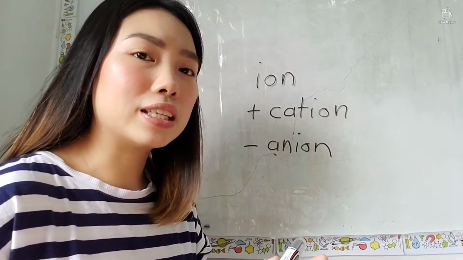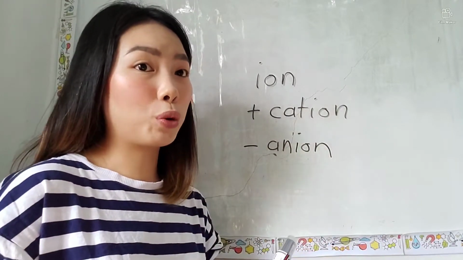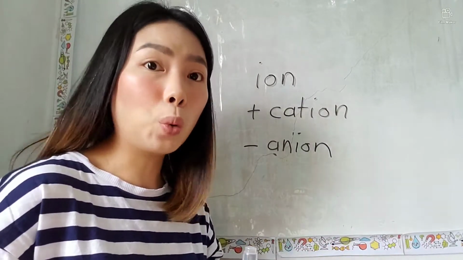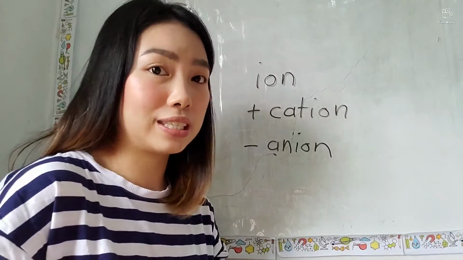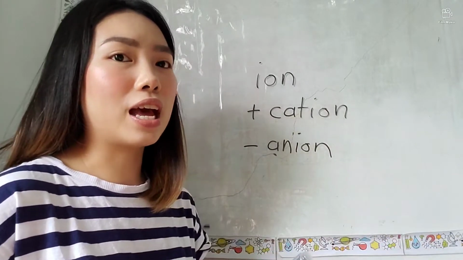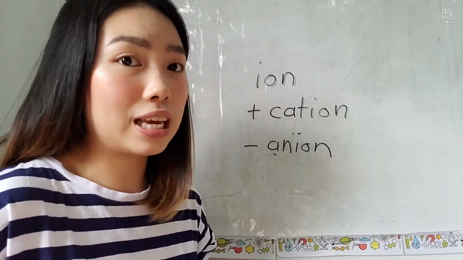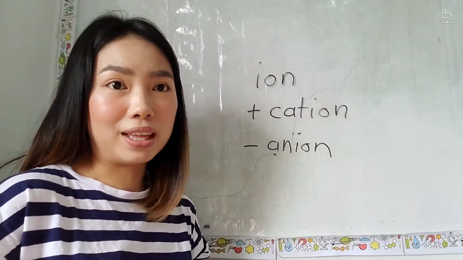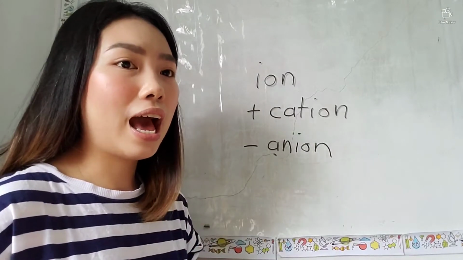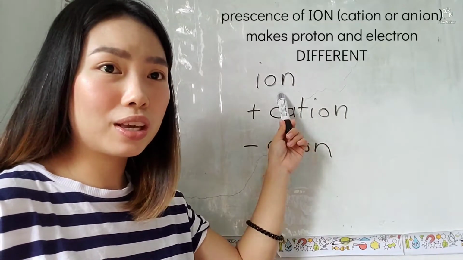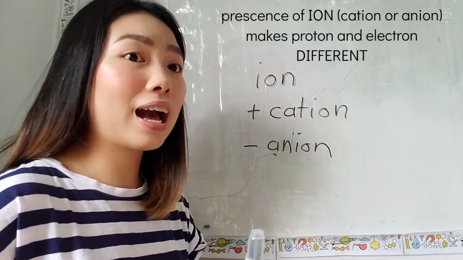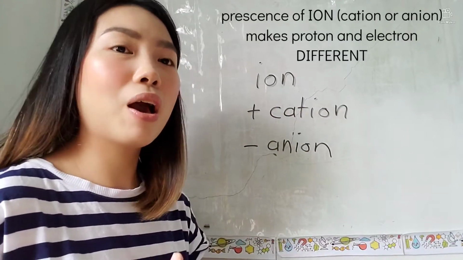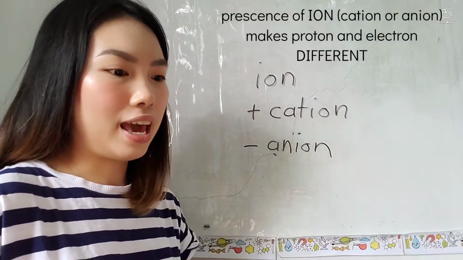So sabi natin kanina, the proton and electron will always be the same if and only if the element is in a neutral state. So ito na ngayon sasabihin natin, paano kung hindi neutral state yung ating element. So if the element has the ion of cation or anion, magkakaiba ngayon yung ating proton and electron.